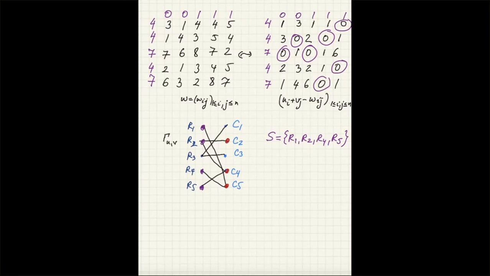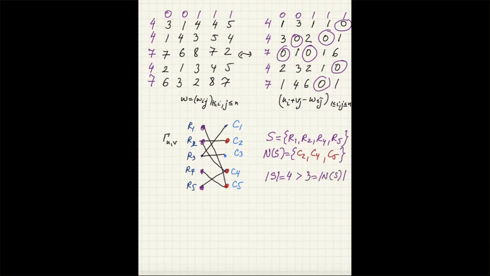So the neighborhood of S consists of C2, C4, C5. So again, we have a set that violates Hall's condition.